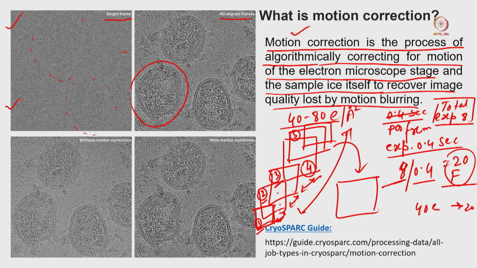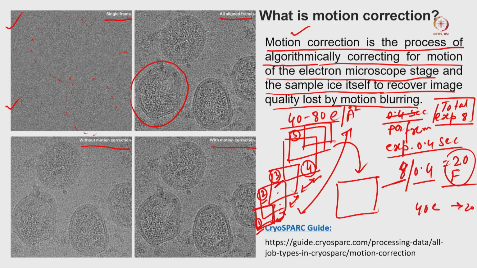Now, here you can see without motion correction and with motion correction. When we align all the frames, in the same location you can see all this object, and the contrast is also very good. If you pay attention, without motion correction your images will be blurred.